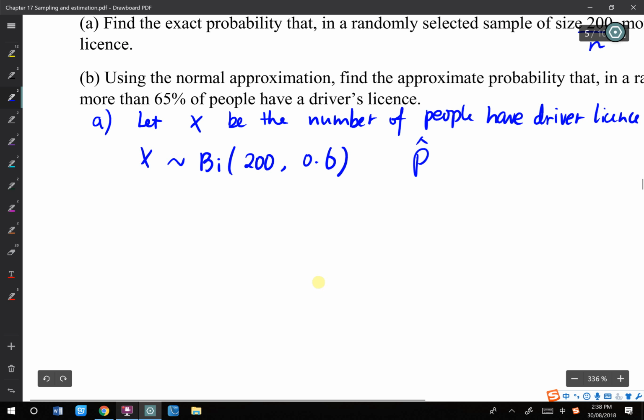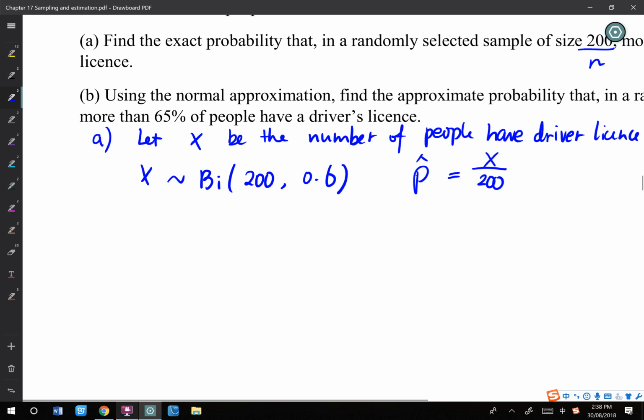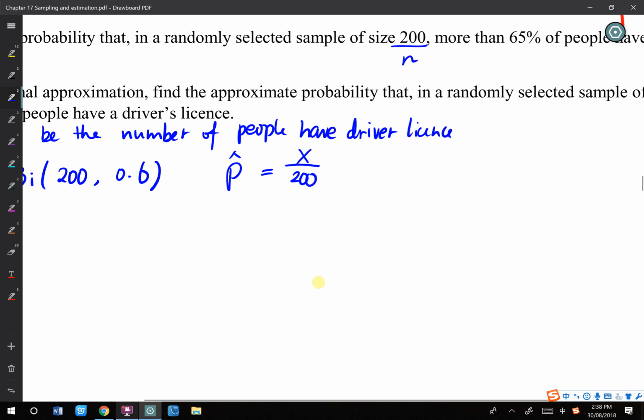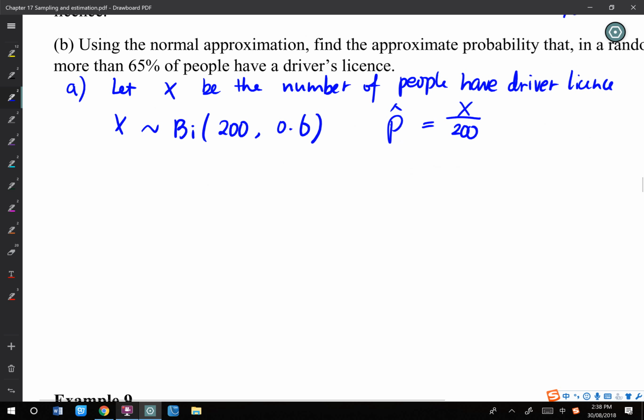Also, I know p-hat equals x over 200, number of successes over 200. More than 65% of the people have a driver license, so in the sample, the sample proportion needs to be greater than 65%.